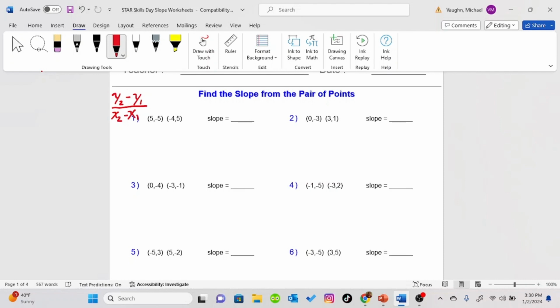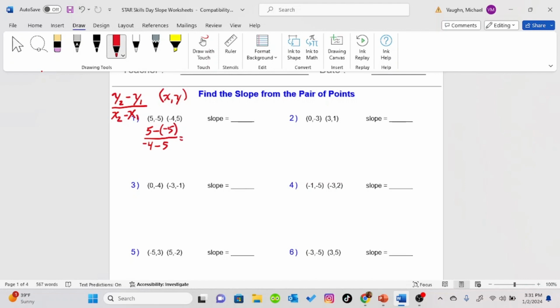So, for example, on this first one, remember that in a point pair, the first number is x and the second number is y. So if I want the second y, that's 5, minus the first y, which is negative 5, over the second x, which is negative 4, minus the first x, which is 5.